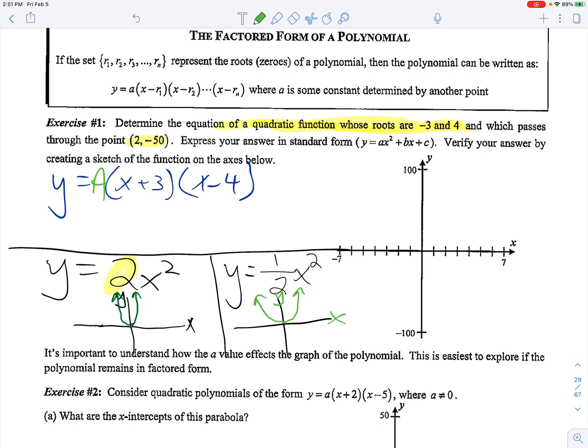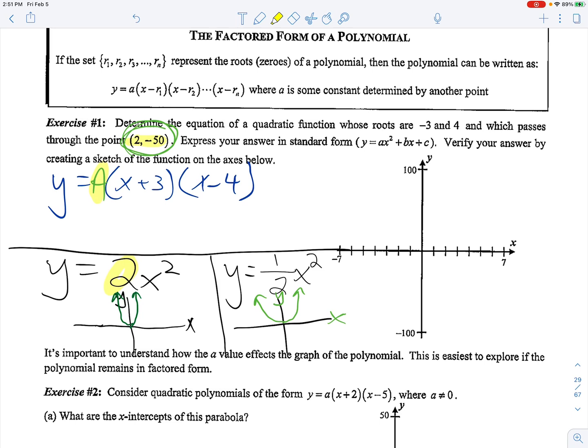We're going to use the factored form. We're going to use the point here that's not a root, the 2 comma negative 50, to help us find the leading coefficient. That's not a root, right? We're going to use the factored form and the A here to solve for that leading coefficient.